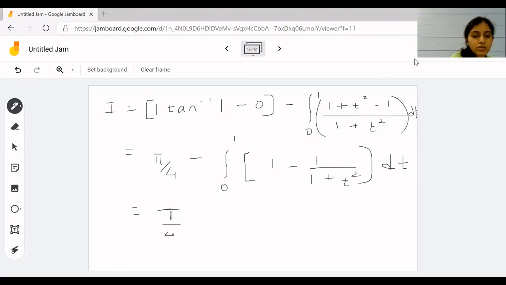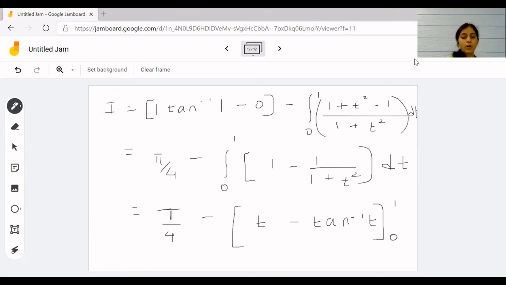So pi by 4 minus, in brackets, the integration of 1 dt is t, minus the integration of 1 upon 1 plus t square, which is tan inverse t, with limits 0 to 1. Substituting, you get 1 minus tan inverse of 1, that is 1 minus pi by 4. So it will be pi by 4 minus, upper limit 1 minus pi by 4, minus lower limit, that is 0 minus tan inverse 0, which is 0.